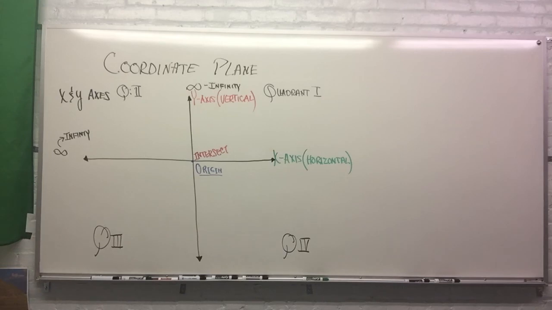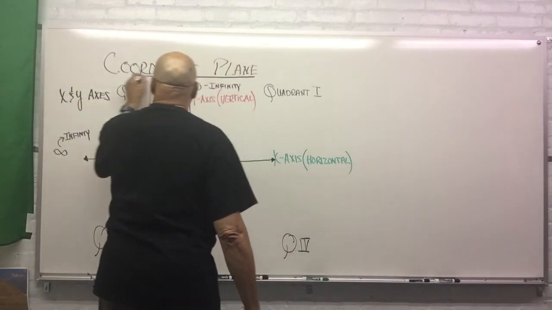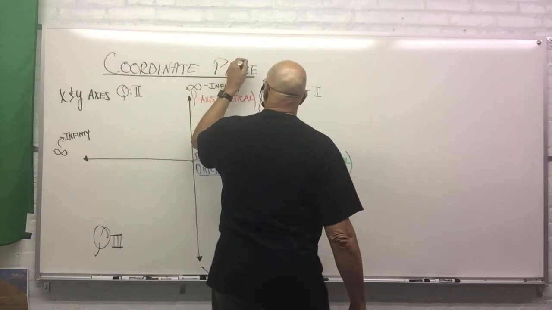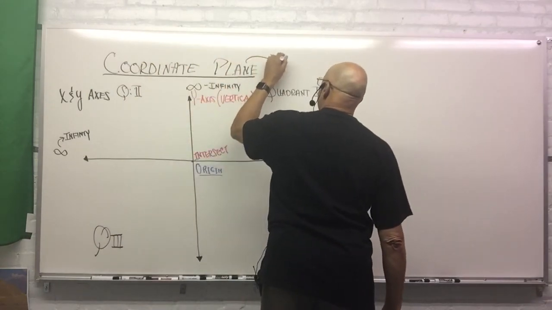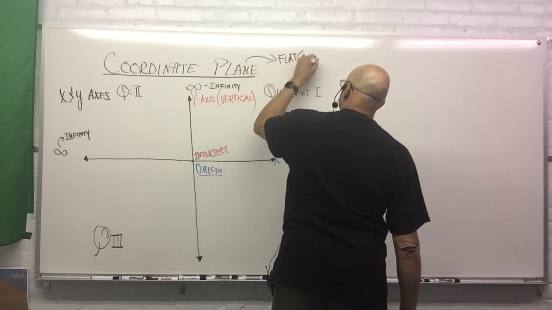So now you also know that in order to use our coordinate plane, the word plane for us is going to be a simple way, is flat, two-dimensional.